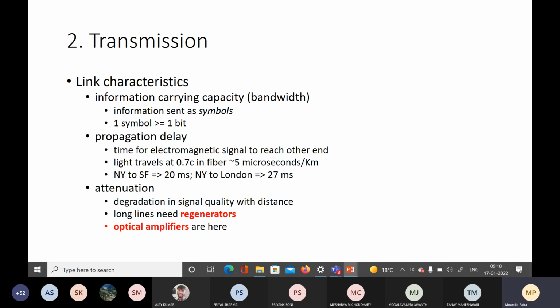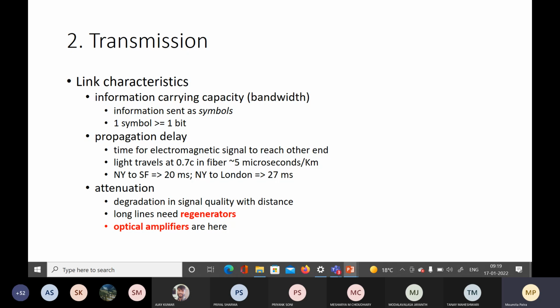Then we have propagation delay. Propagation delay, we all know, is how much time it takes for your data to go from one end of the transmission medium to the other end, right? How are we sending the data here? We are sending it as electromagnetic signals.